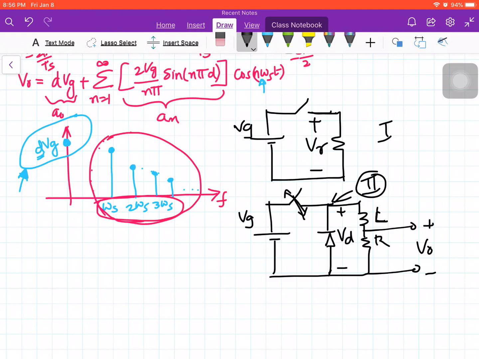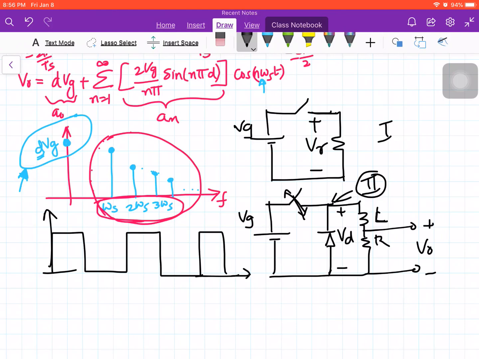When the switch is off, due to freewheeling, the voltage across it is 0. So we are still talking about this kind of pulsed signal. Now we are giving it a new name, VD, the voltage across the diode.